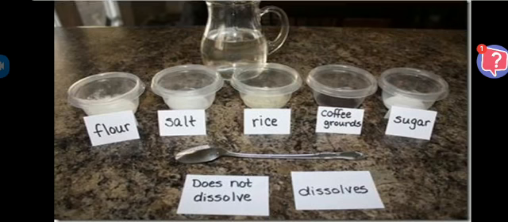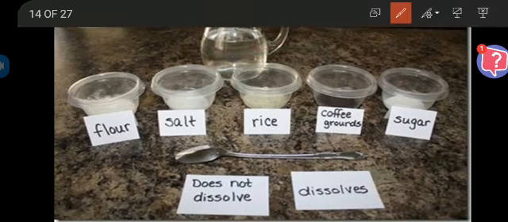Here water is taken as the solvent, and flour, salt, rice, coffee grounds and sugar are taken as solutes. We will check whether they dissolve with the water or not. If they dissolve with the water, they make a solution. If they do not dissolve, they do not form a uniform mixture, so it is not a solution.